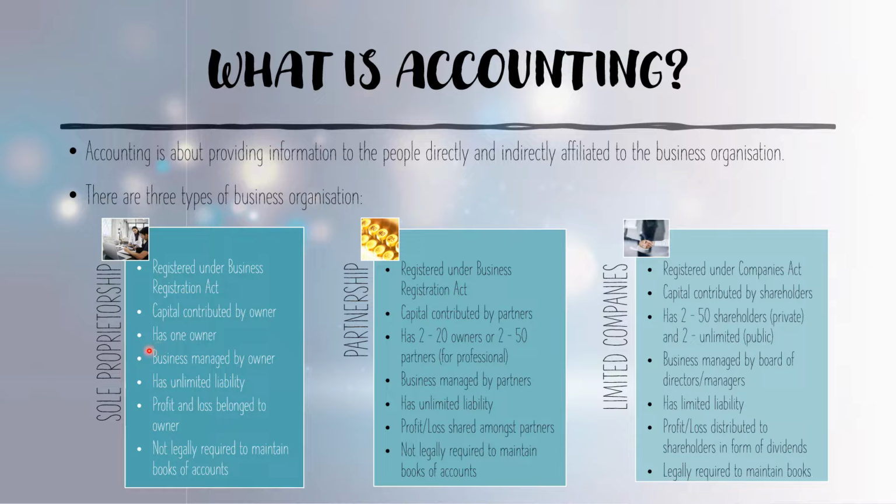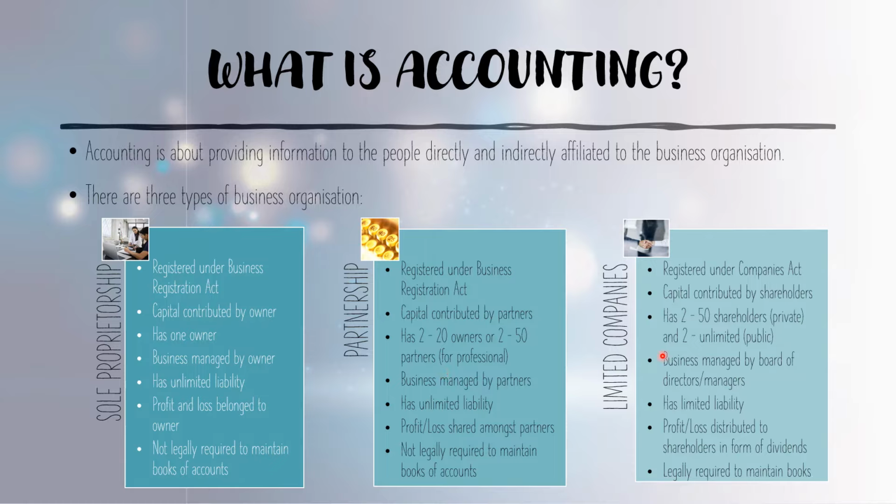And then the third characteristic will be the number of owners allowed for each of the types. For sole proprietorship, it only allows one owner. For partnership, it allows 2 to 20 owners for an ordinary partnership, or 2 to 50 partners for a professional partnership, such as an audit firm, accounting firm, or law firm.